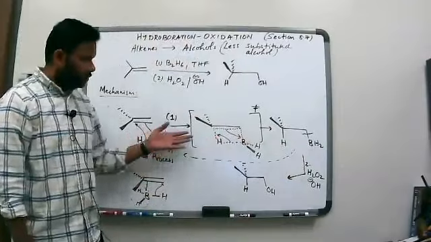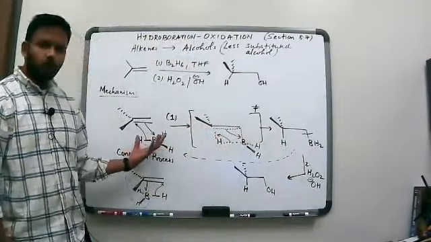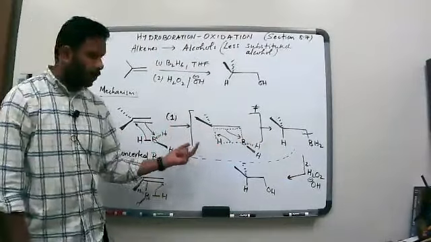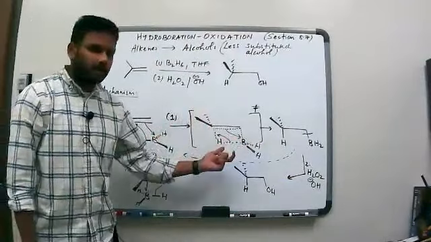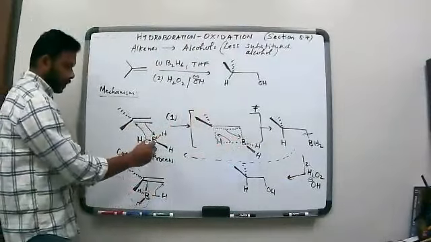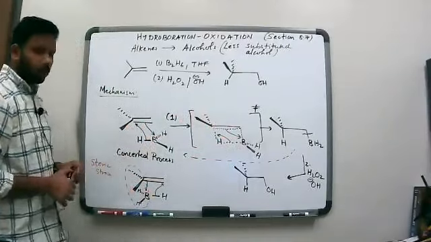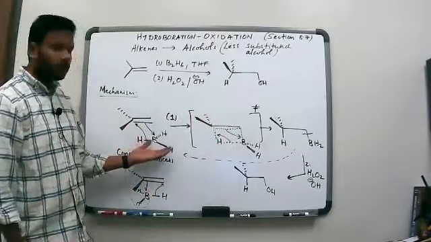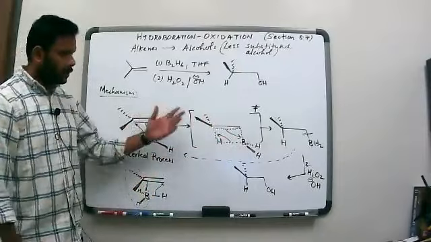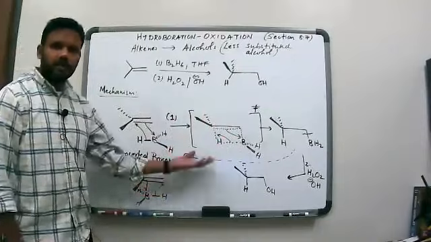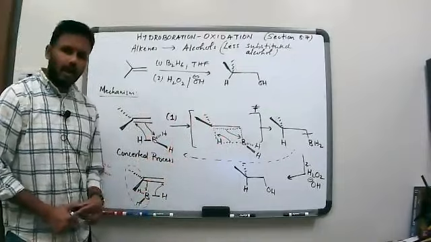But I think the first step shows us why we get the less substituted alcohol and why we get a syn addition. Both of those come from this step, because this concerted addition, both of those aspects of the reaction, are controlled by this initial step. We will get the syn addition and we will get the less substituted alcohol.